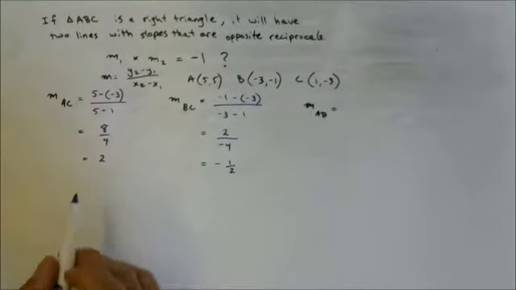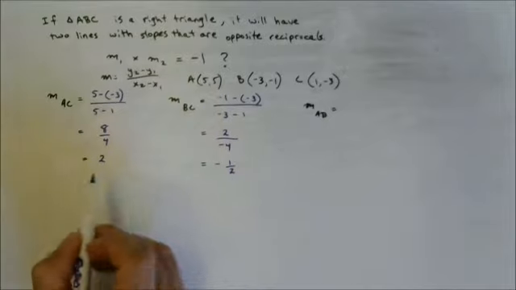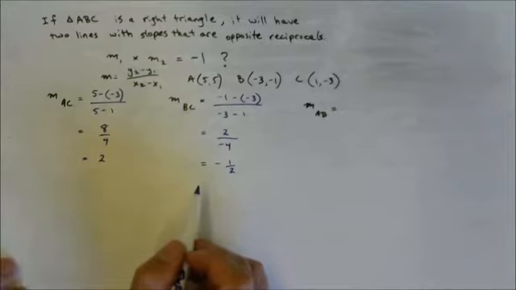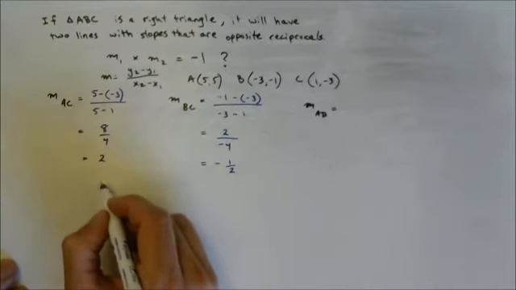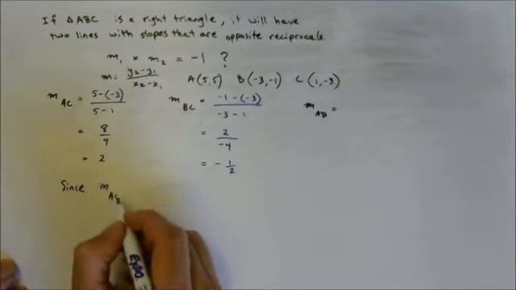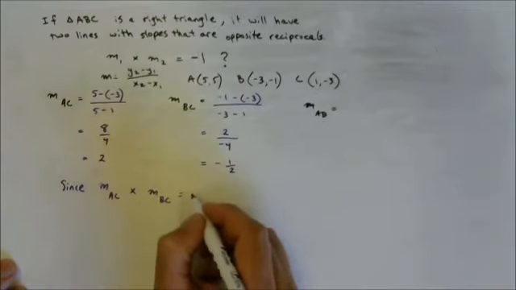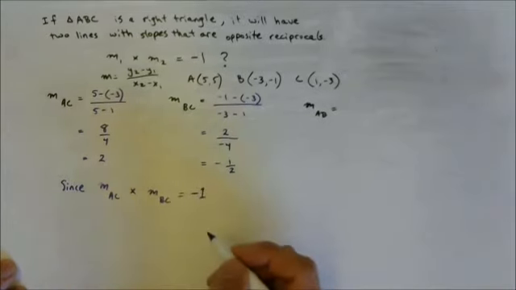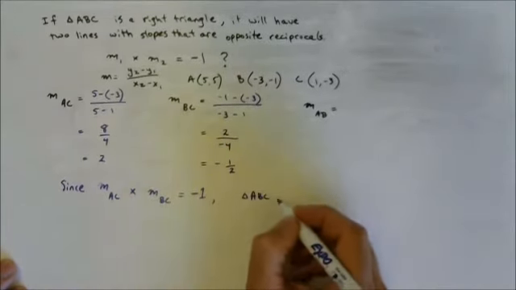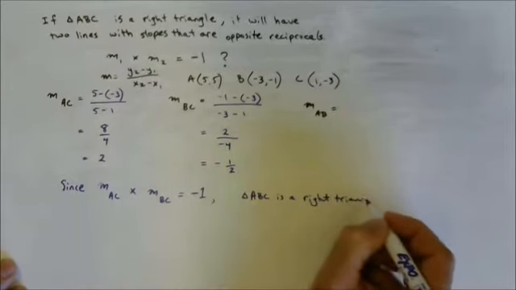So here's your test. The reciprocal of 2 is 1/2, and the opposite of a positive is a negative, so these are opposite reciprocals. The proper way to check would be to say, since the slope of AC times the slope of BC equals -1, triangle ABC is a right triangle.